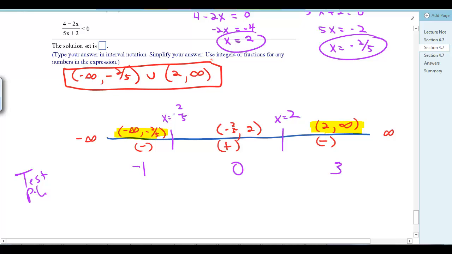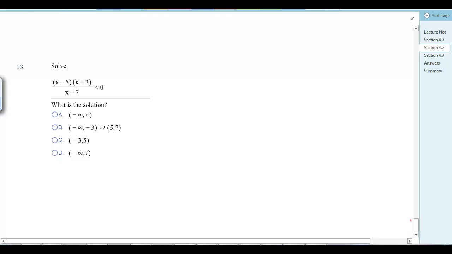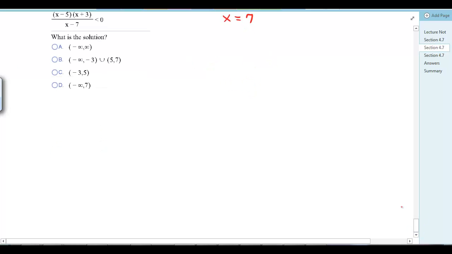Okay. All right. Number 13. Same idea. We're going to solve the top. So those are easy. We've got x equals 5, x equals negative 3, x equals 7. So that's our solving the top and the bottom.